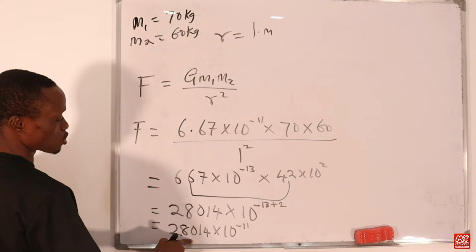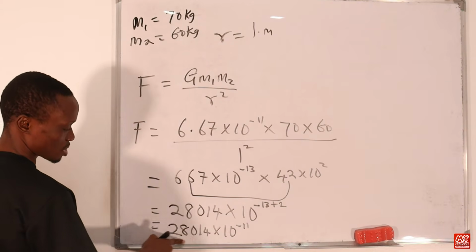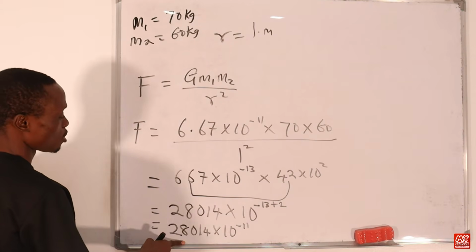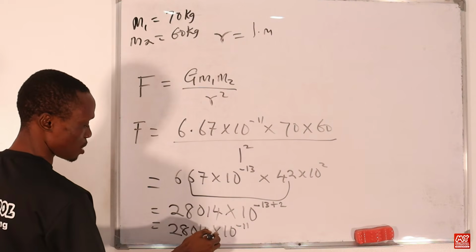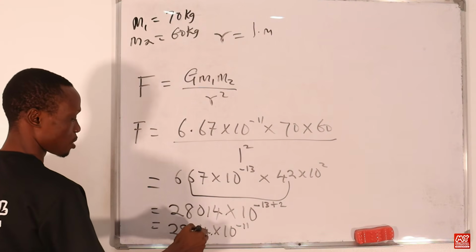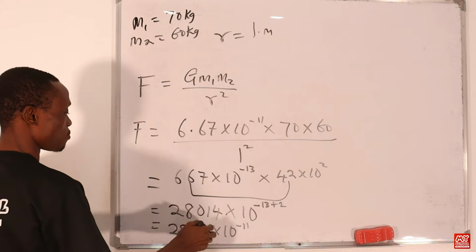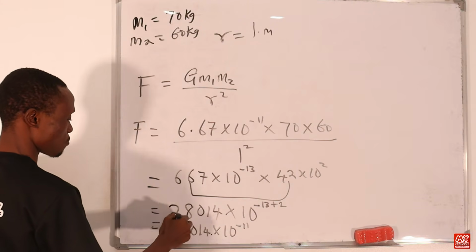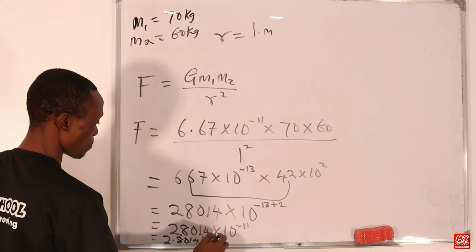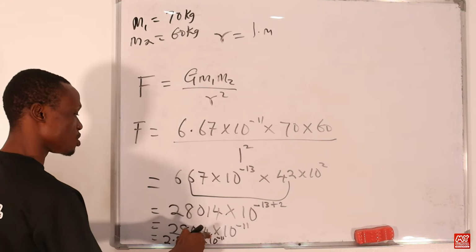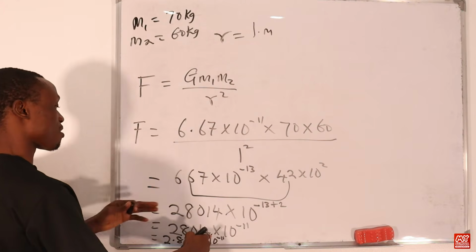Okay, but then we don't stop here because this must be in standard form. This is not in standard form. So in order for us to bring this in standard form, there's an invisible decimal point here. So we have to move it to our left. So we move 1, 2, 3, 4. So we'll be having 2.8014 times 10 raised to the power minus 11. Now remember that we move the decimal point from our right to our left.